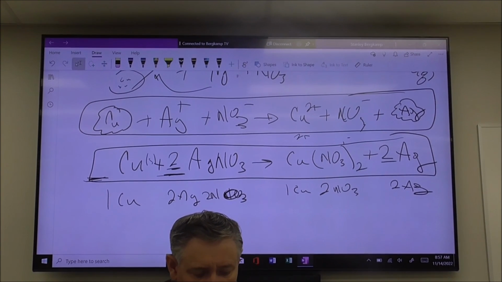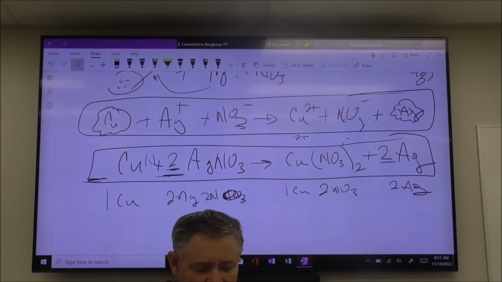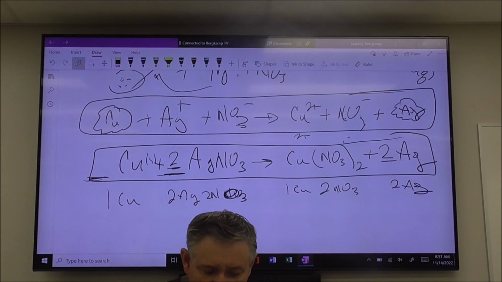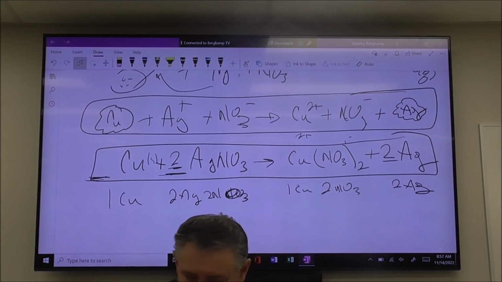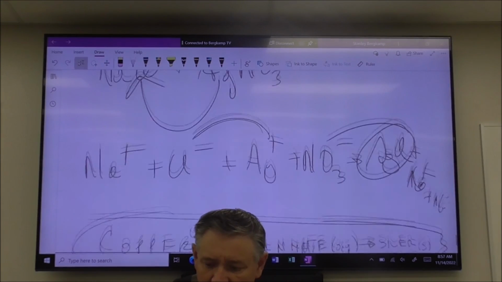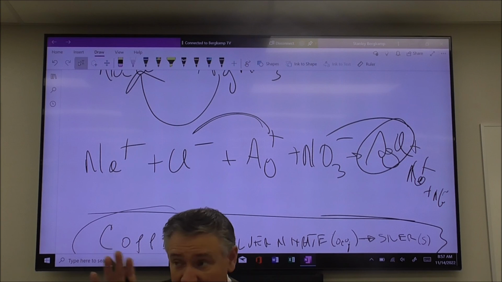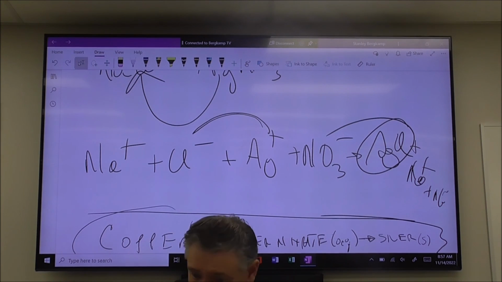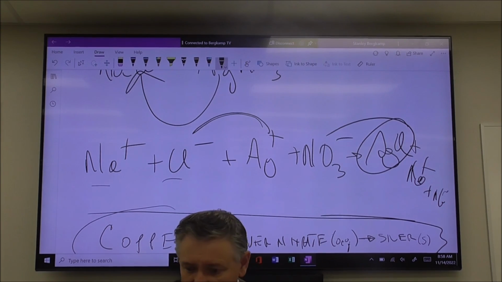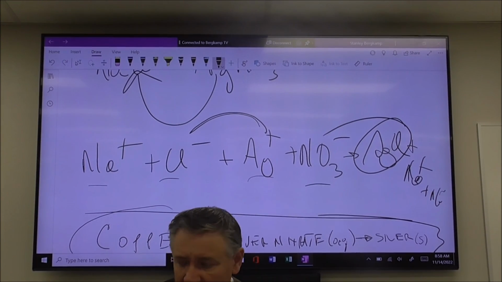So, when you do the sodium, that reaction number 6, station 6, the sodium chloride and the silver nitrate, again, with that one, here's what I'm looking for. Now that you've seen that reaction, hopefully that makes sense. So, on the particle diagram, you're going to start off with sodium ions, chloride ions, silver ions, and nitrate ions.